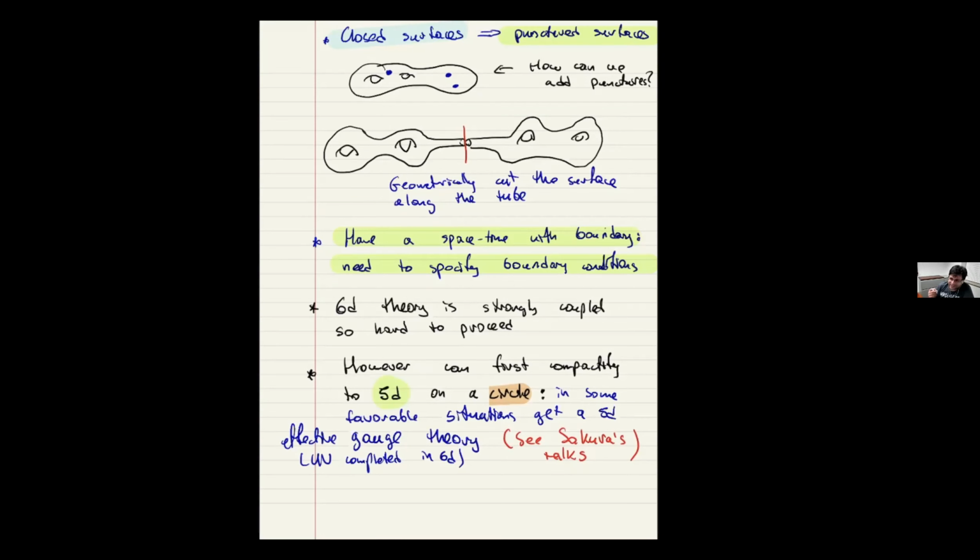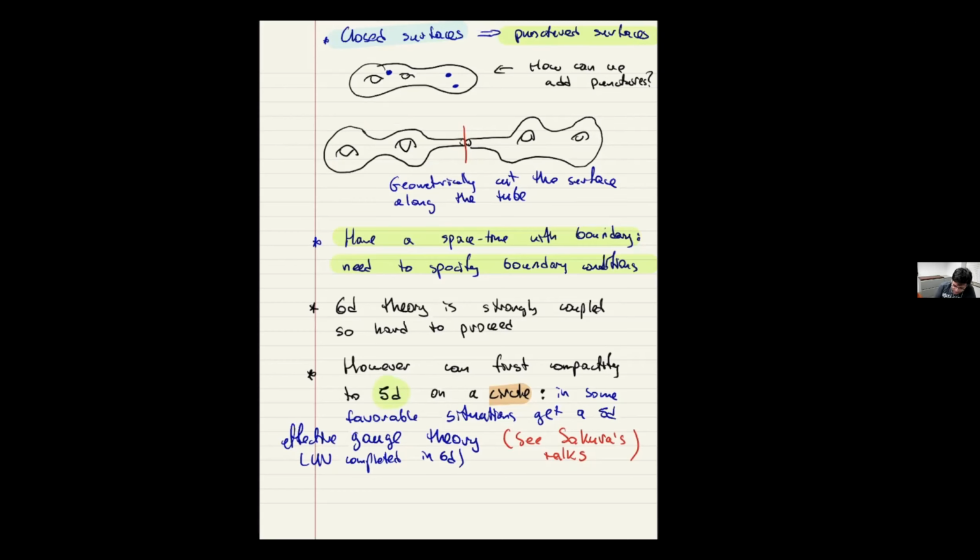But there is a very nice trick, or nice way, to understand what a puncture is. The trick is that we can think of the region near the puncture as some kind of a cylinder. So instead of compactifying on a 2-dimensional surface, we first compactify on a 1-dimensional circle and go first to 5 dimensions.